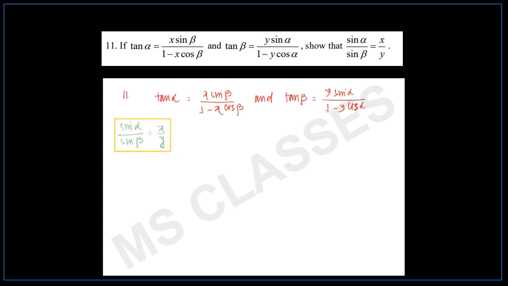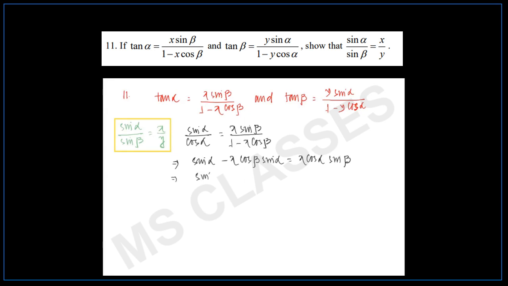Now for this, since we have to get in terms of sine, we'll split this up in terms of sine and cos. So what we get? Sin alpha by cos alpha equal to x sin beta by 1 minus x cos beta. Now cross multiply. Sin alpha minus x cos beta sin alpha equal to x cos alpha sin beta.